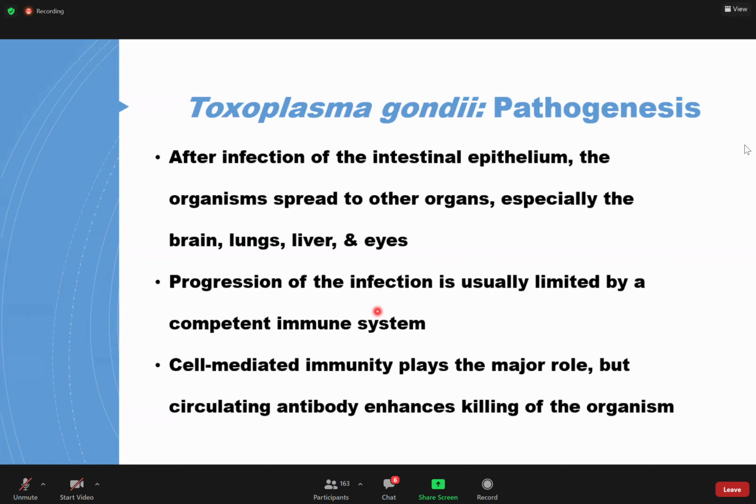It switches to an actively dividing trophozoite stage that we refer to as the tachyzoids. So these tachyzoids are able to invade different cells in the body, like macrophages, and because of this, they can be dispersed to different organs in the body. So they can end up in the brain, in the lungs, in the liver, and in the eyes.